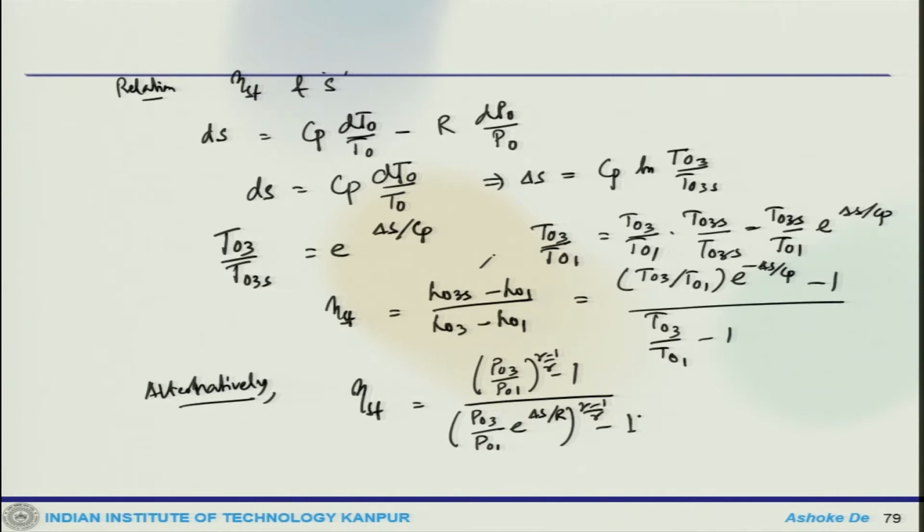So what happens is that the losses in compressor blades may be directly related to entropy generation by the adiabatic form, which is ds minus R dP naught by P naught.